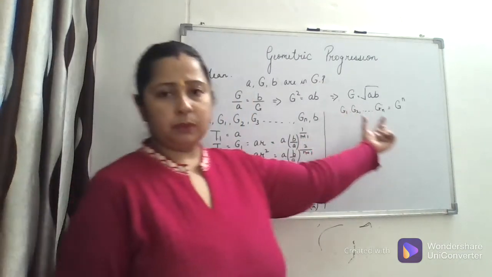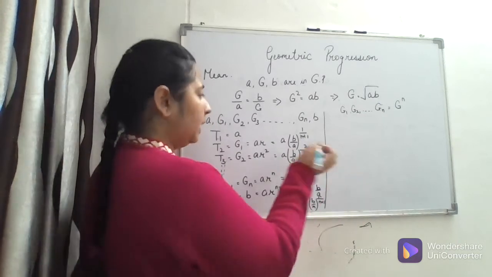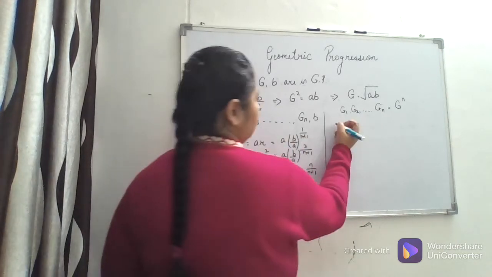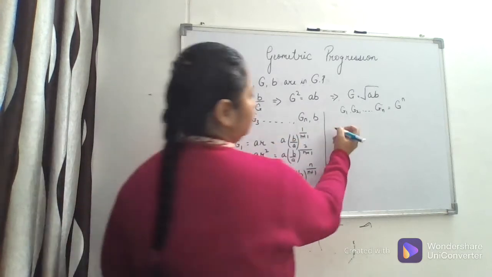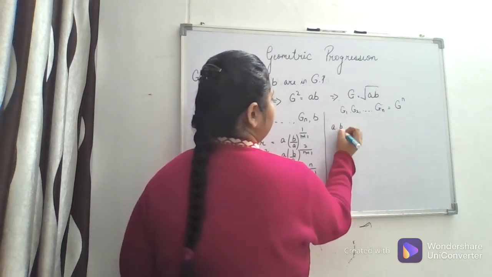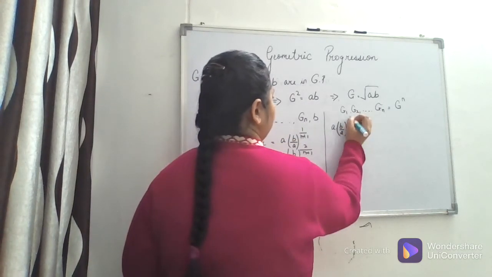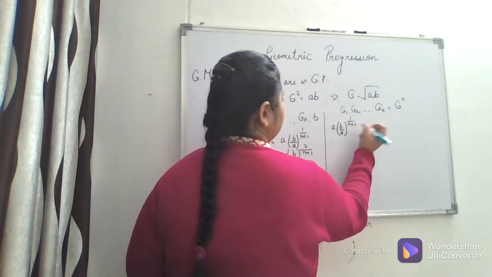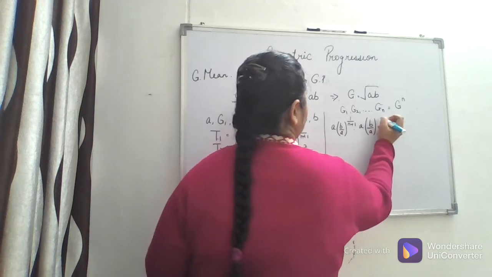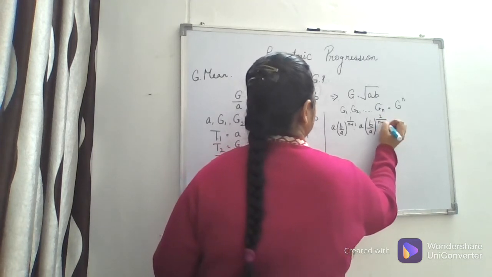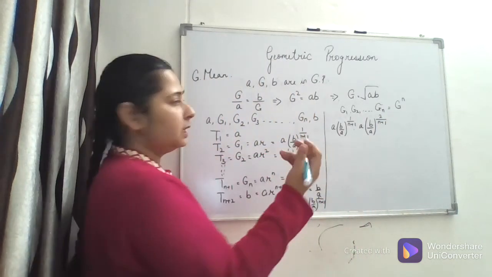Putting these values over here, what I'm going to get is G1, that is A into B by A raised to 1 by n plus 1, into A into B by A raised to 2 by n plus 1, and so on till your Gn.